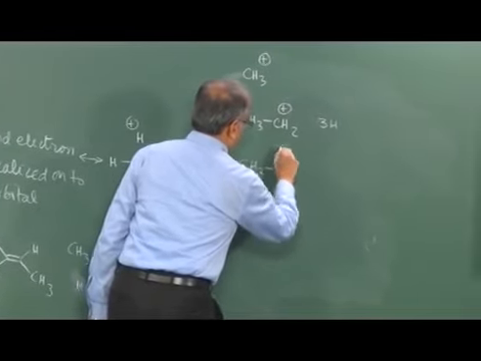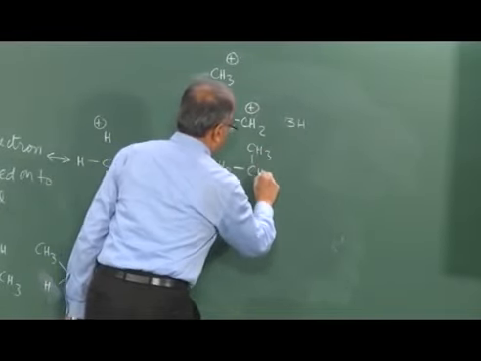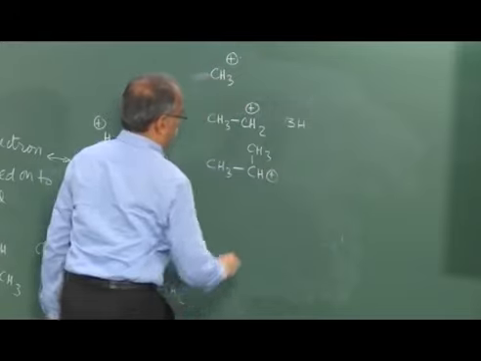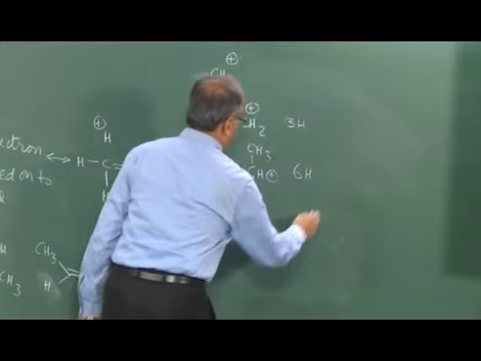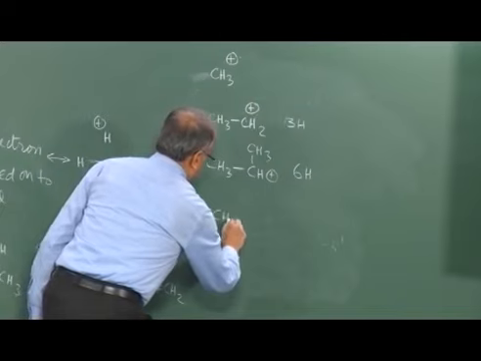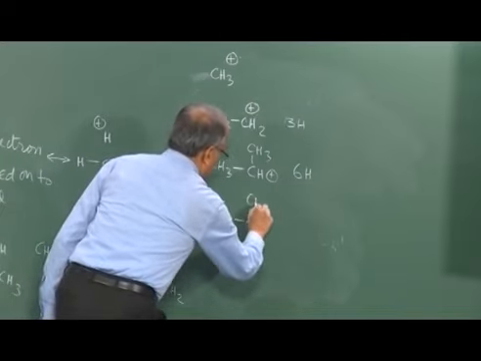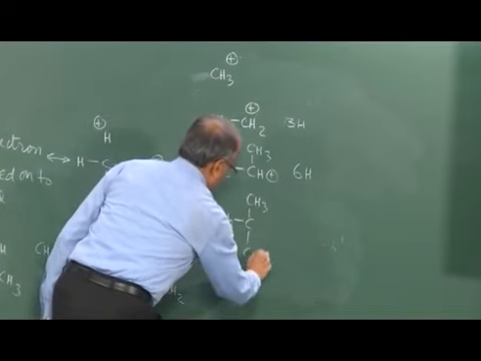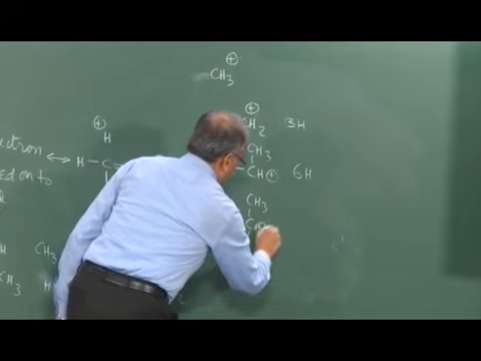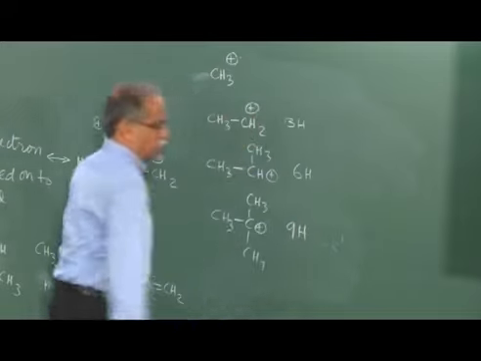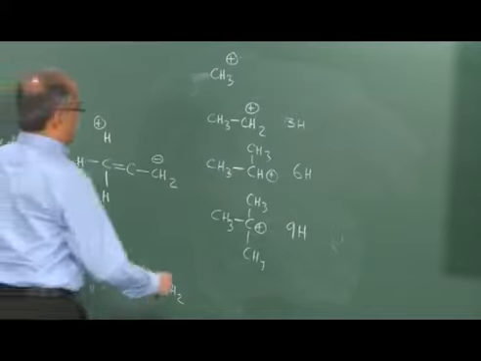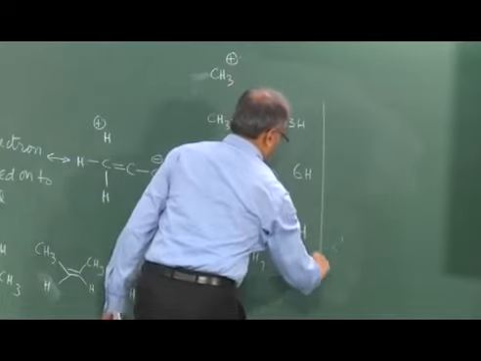If you go further to isopropyl cation, there are 6 hydrogens which can hyperconjugate here. Finally, tertiary butyl cation, in this particular cation, there are 9 hydrogens which can hyperconjugate. So, the carbonium ion stability, because of the hyperconjugation, increases in this particular direction.